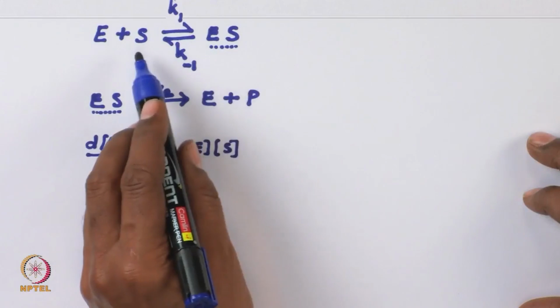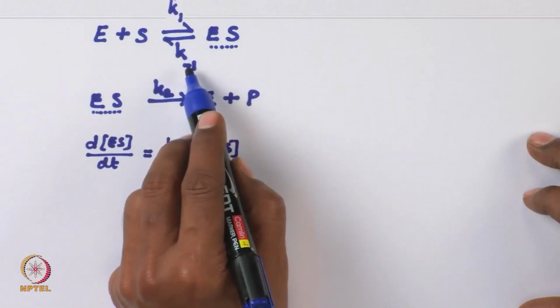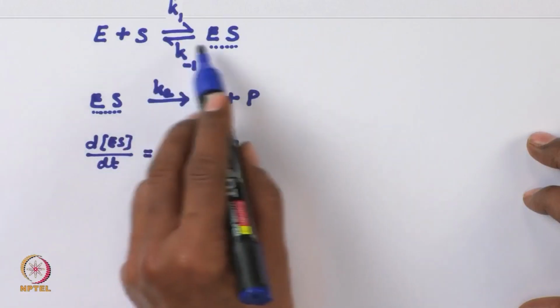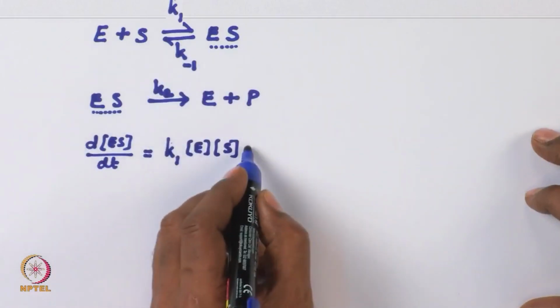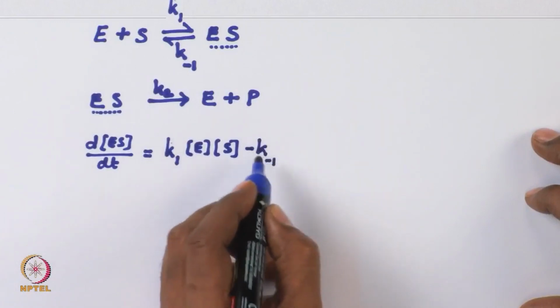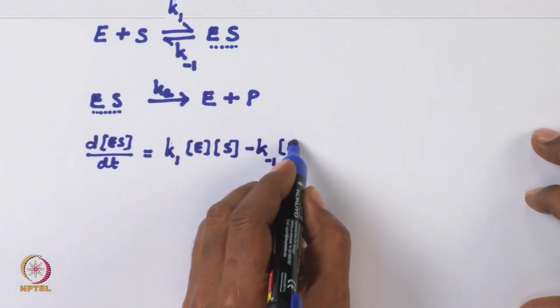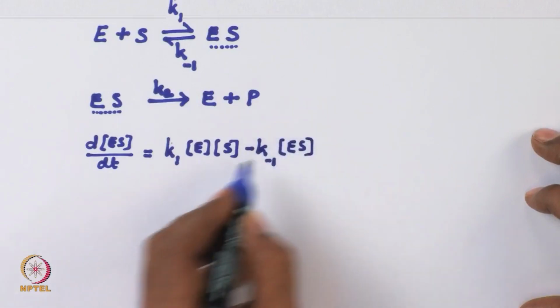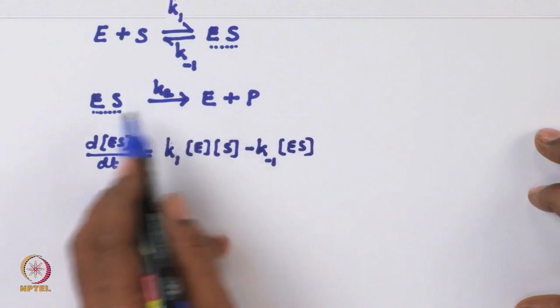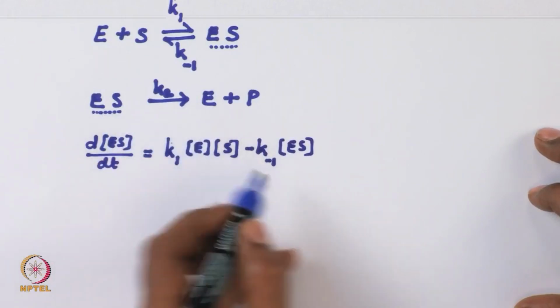Now, accounting for the reverse reaction with K minus 1 as the rate constant, ES is consumed. So, I will write minus K minus 1 into ES, and now look at this, here also ES is being consumed.